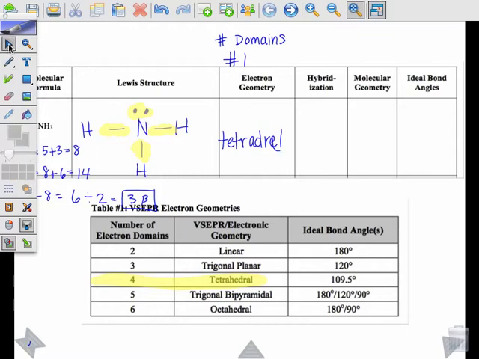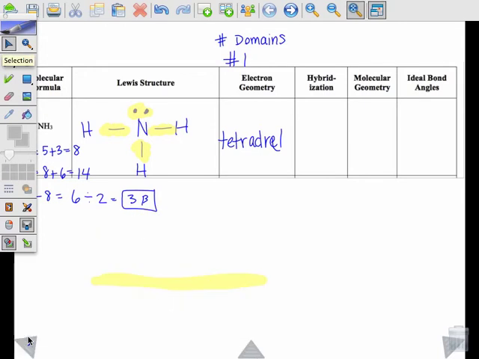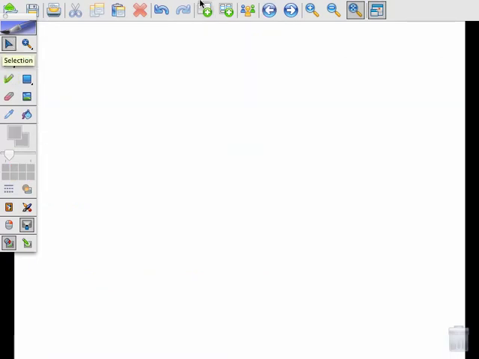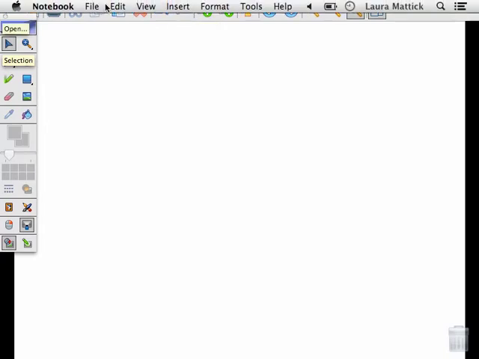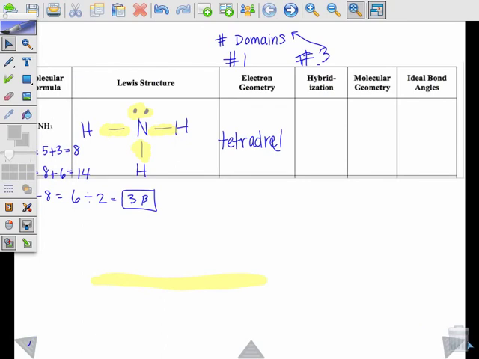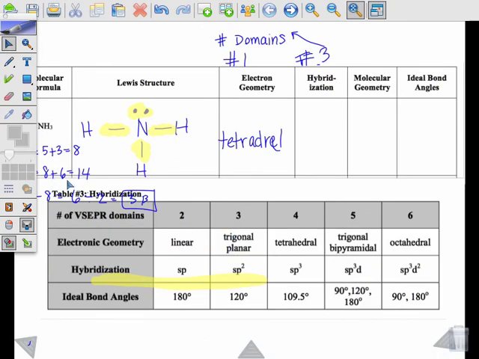Next thing is going to be the hybridization. Hybridization is just, again, the number of domains, but this time it comes from chart number 3. So I'm going to pull up chart number 3, which again I have. Oh, it didn't like that at all. Chart number 3 is right here.